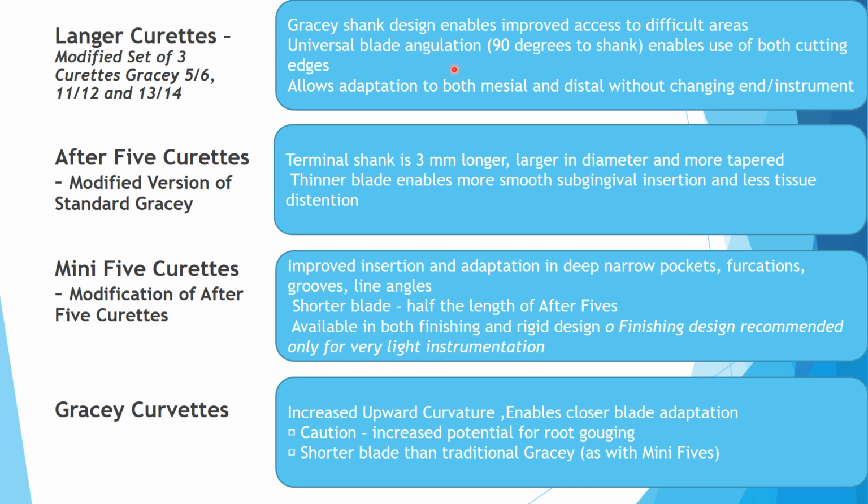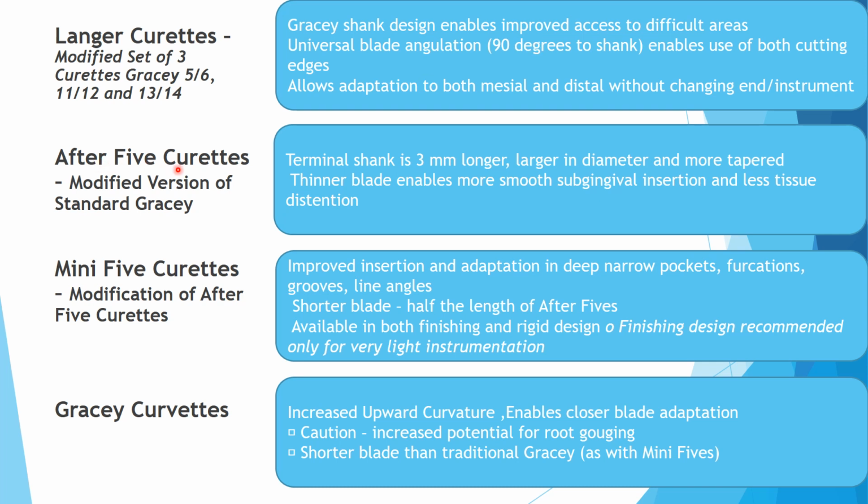There is universal blade angulation of 90 degrees to the shank, that enables use of both cutting edges, which allows adaptation to both mesial and distal without changing the instrument. So this is a modified set of three curettes with the universal blade angulation, which enables more improved access to the difficult areas.